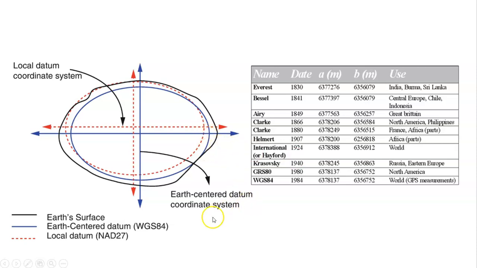The other one is a local datum, which is the North American Datum 27. Now, as I said, the major axis, minor axis, and the origin really vary here. You can see the variations here. You see some kind of eccentricity, and based on that, the flatness which they represent, certain things related to the surface of the Earth also vary.